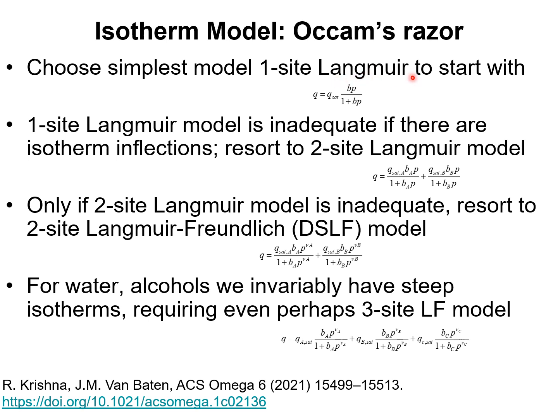Only if the single site Langmuir model is of inadequate accuracy do I proceed further to refine the model. And then I go one step up and choose the two site Langmuir model with two different sites, and this is required if there are isotherm inflections.